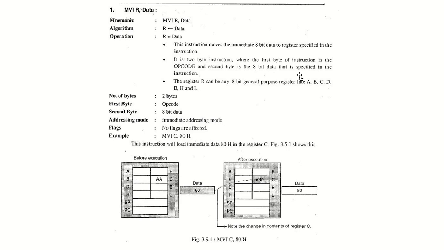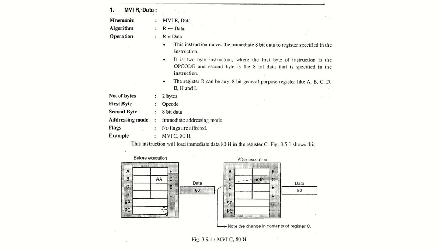What is the example? The example is MVI C, with some address or memory location, and it is transferring the data to the register C, right? Here you can see before execution, these are the register pairs, A, F, B, C, D, E, H, L. All these are empty.